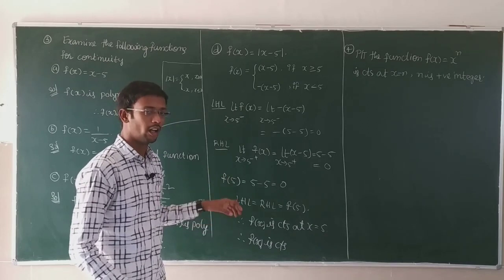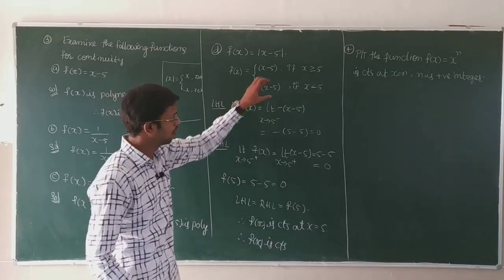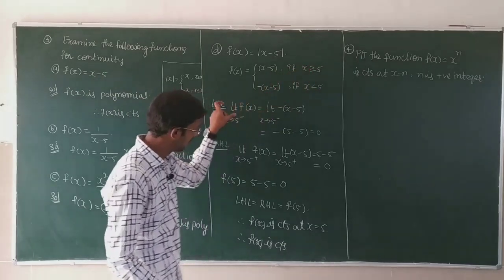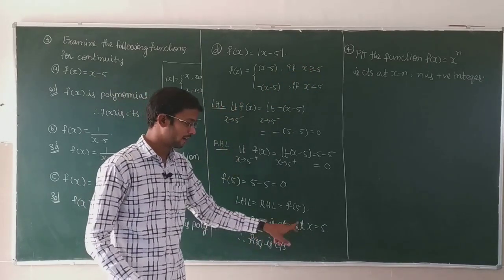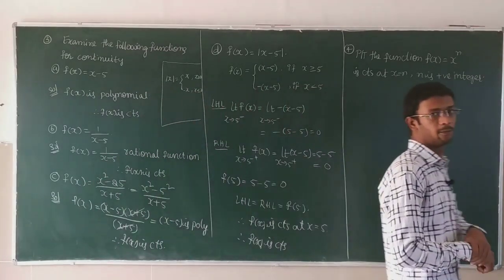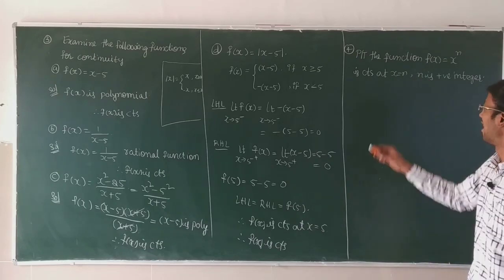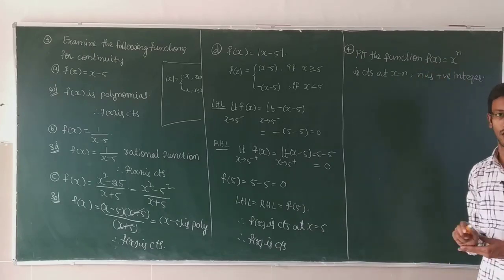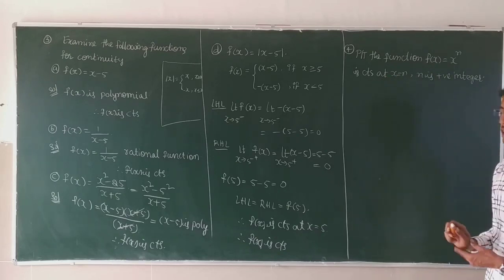So we can conclude both polynomials are continuous functions. Only the special case 5 needed checking. f of x is continuous at x is equal to 5. Next, problem number 4. Prove that the function f of x is equal to x power n is continuous at x is equal to n.